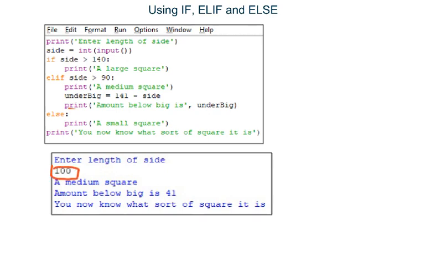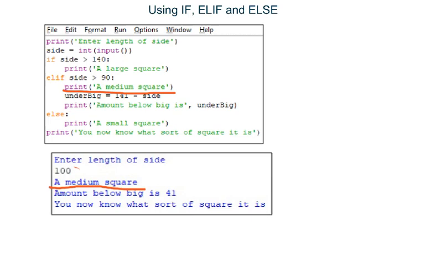The program has checked whether what is in variable size is bigger than 140. 100 is not bigger than 140, so it has not done this first indented line of code. It has then checked if what's in variable size is bigger than 90. 100 is bigger than 90, so it now must do all 3 of these indented lines of code.